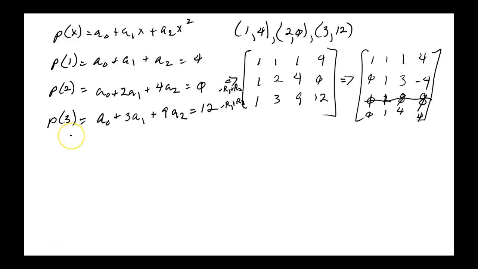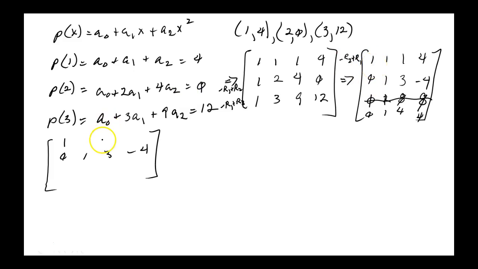Okay, so how do we get a 0 above that leading 1 in row 2 in column 2? Negative row 2 plus row 1 becomes your new row 1. So we're going to leave row 2 alone, 0, 1, 3, negative 4, and do a new row 1. What would that be? Minus row 2 plus row 1.